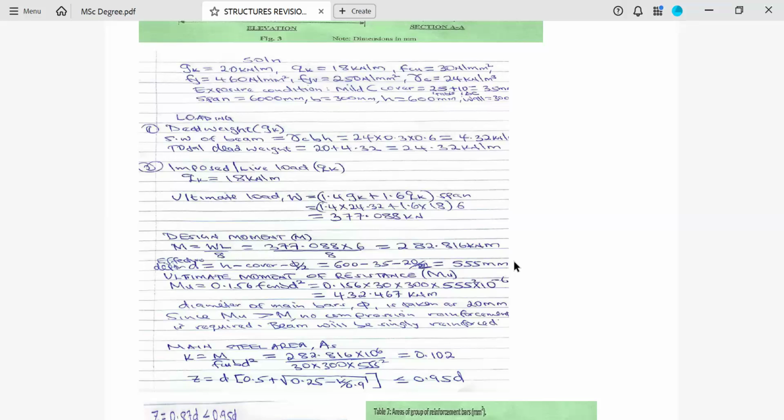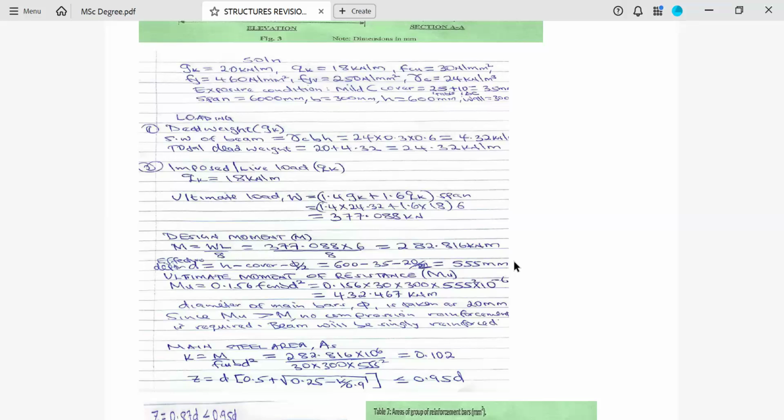Remember we said for you to find effective depth, which is D, you have to take overall depth minus cover minus diameter over 2. Here I will assume a diameter of main bar, but you must make a competent assumption. What do I mean by a competent assumption? You will go to the table of diameter of steel bar and pick a value from there.